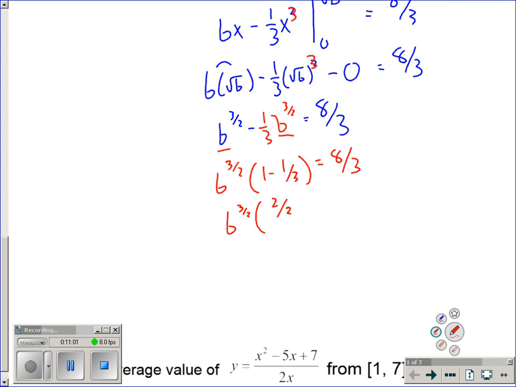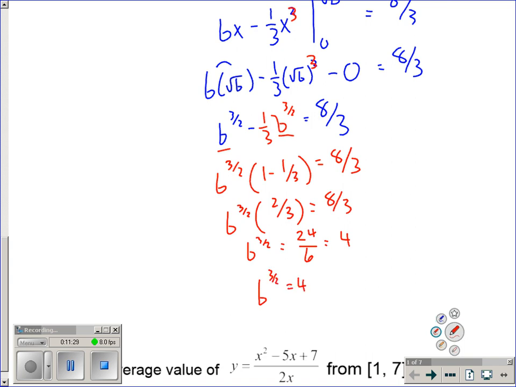This becomes b to the 3/2 times 2/3 equals 8/3. B to the 3/2 equals 8/3 divided by 2/3, which would be 24 over 6, or just 4. Nice. Okay. So then how the heck do you figure out b to the 3/2 equals 4?